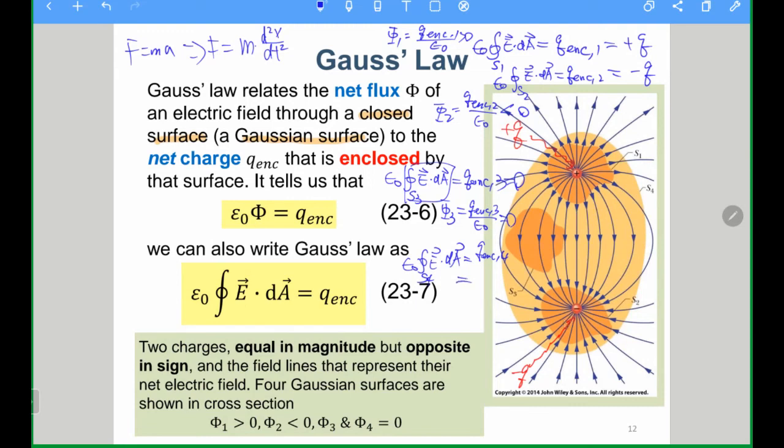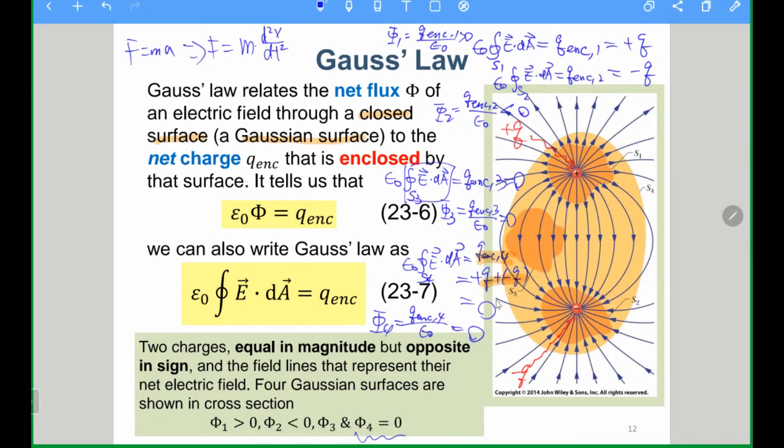So this Q enclosed should be plus Q plus negative Q, which is still 0. By this equation, phi 4 will be Q enclosed 4 over epsilon naught. So this is 0, and phi 4 is also 0.